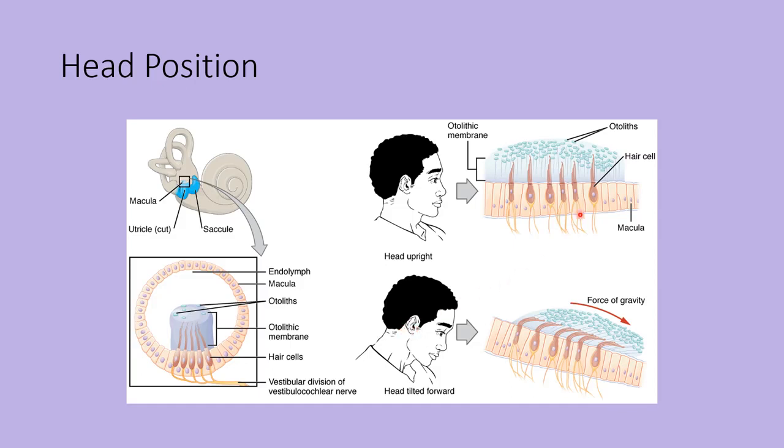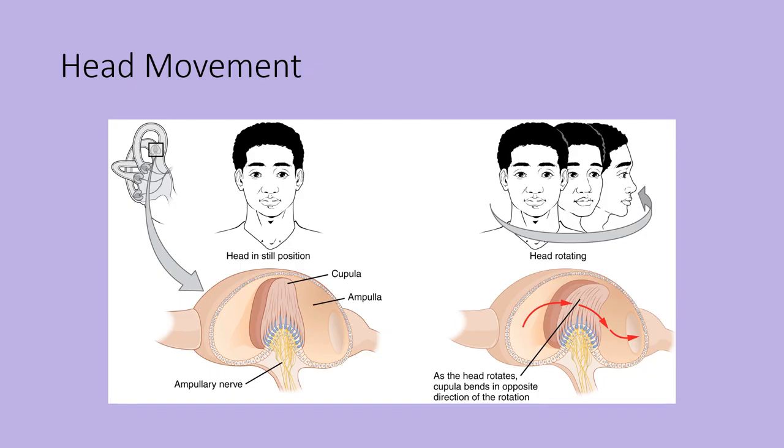It has to do with both, as I said, the saccule and utricle macula, as there are little calcium deposits and the position of those with the hair cells. Are they being moved or not? And then the head movement, whether you're rotating or not, has to do with the semicircular canals.